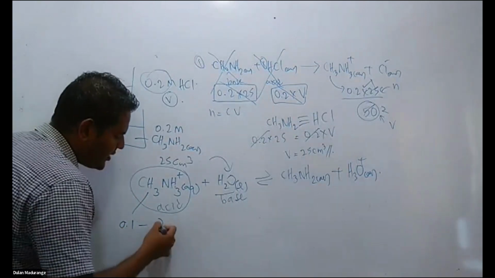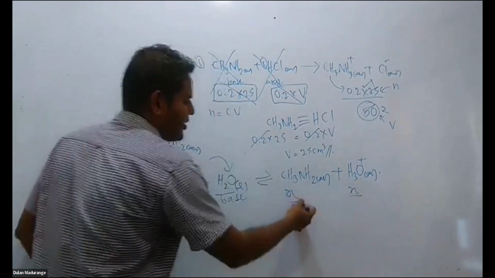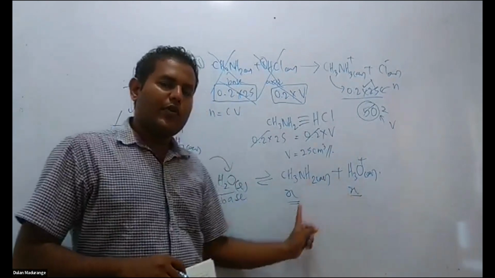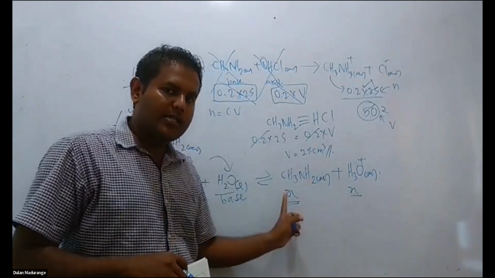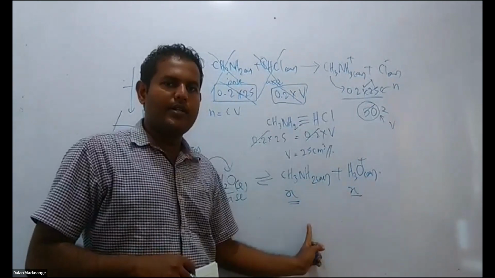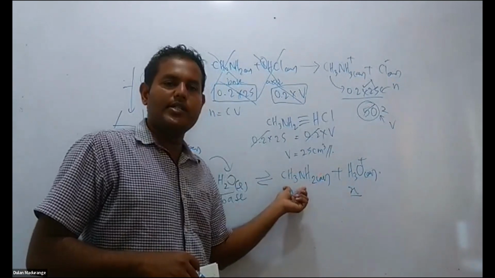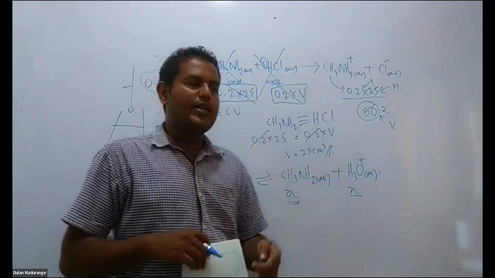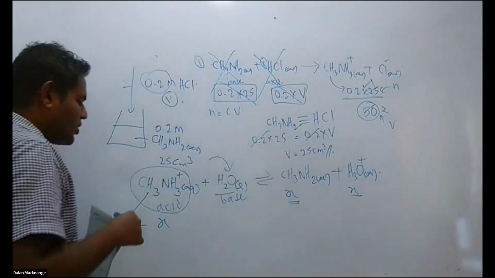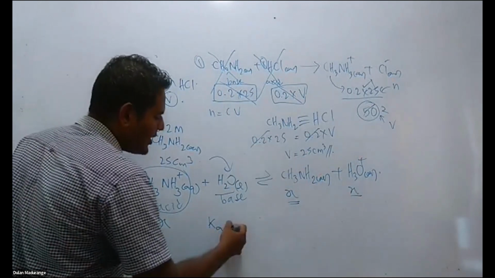So you can take the dissociated amount as X, and here X, and here X. So then what will happen? These two amounts are equal. Then for the Ka expression, you are writing two terms, CH3NH2 aqueous and H3O plus, but those concentrations are equal. So instead of CH3NH2 aqueous, you can write H3O plus. Again, the Ka expression is for a weak acid. So what is Ka?